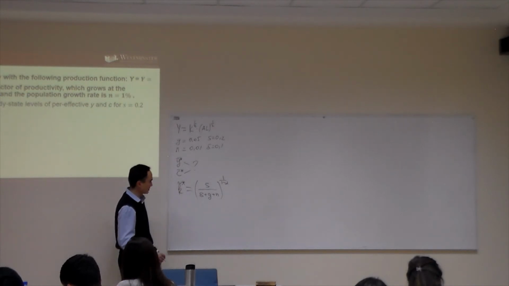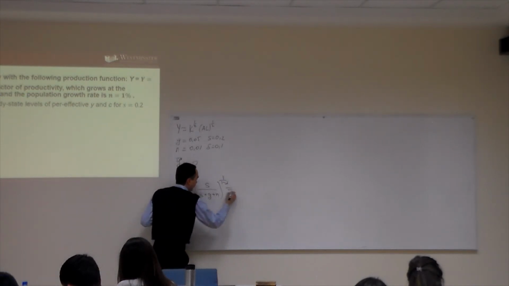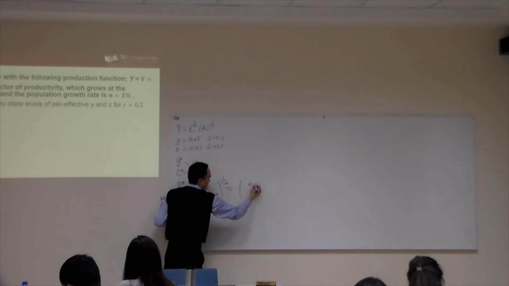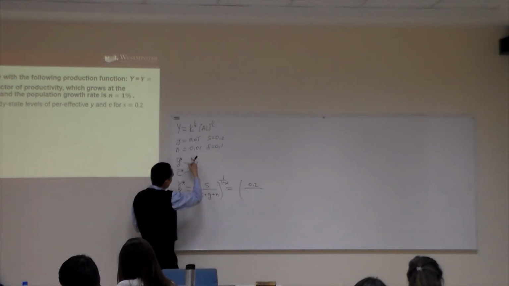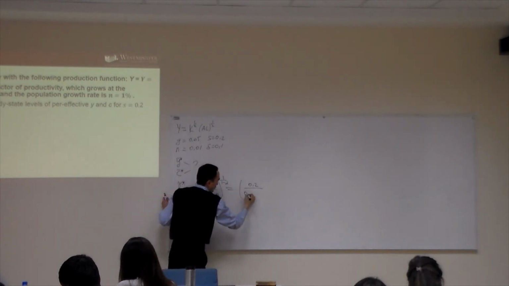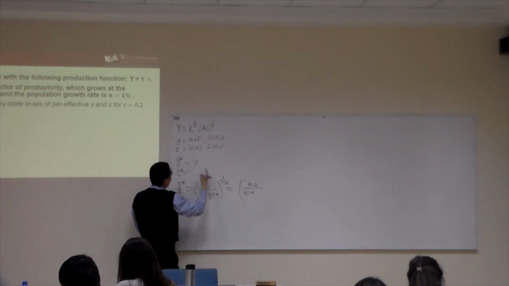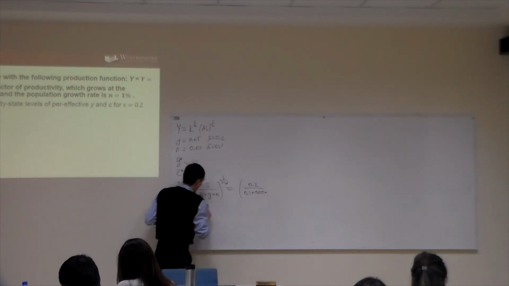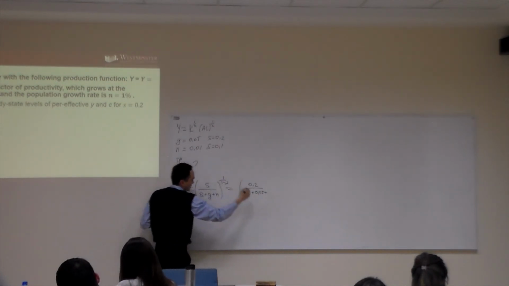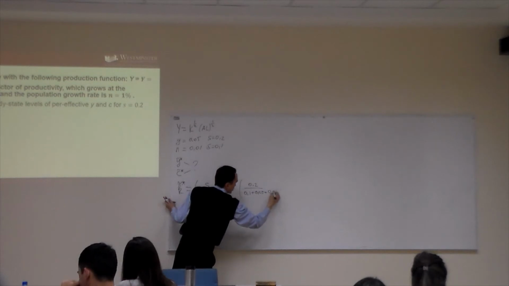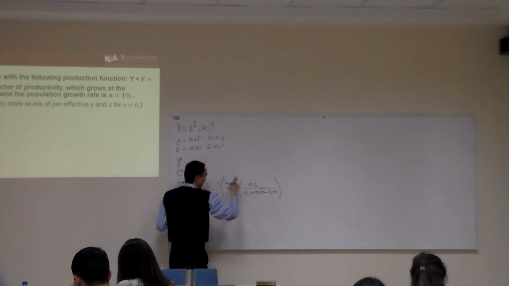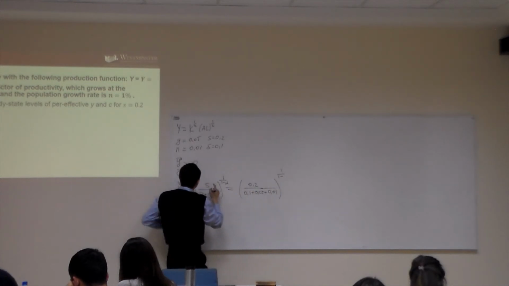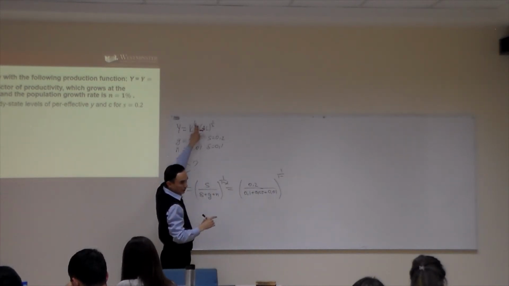It was the case. So now, if you find this one, the saving rate is already given for you, which is 20%, 0.2. Depreciation is 10%, 0.1. Growth rate of technology is 5%, 0.05, plus the growth rate of population, 0.01, 1%. To the power of 1 over 1 minus what is our alpha? 1 over 2.